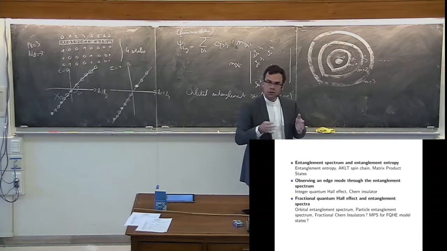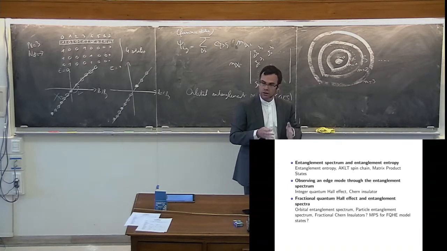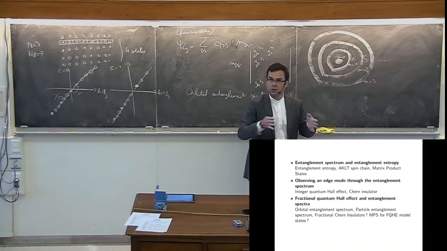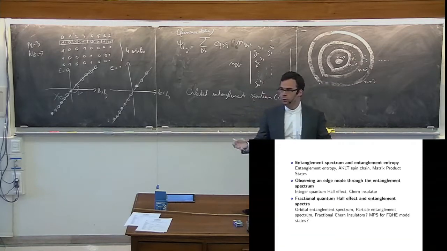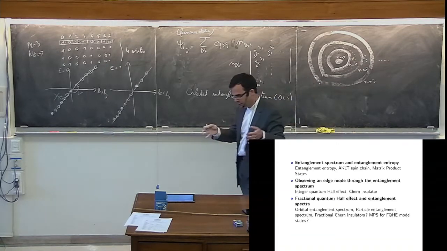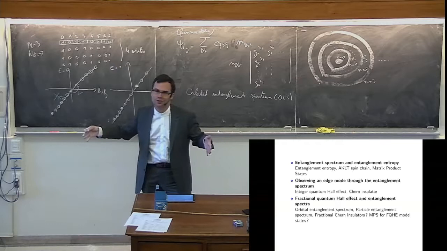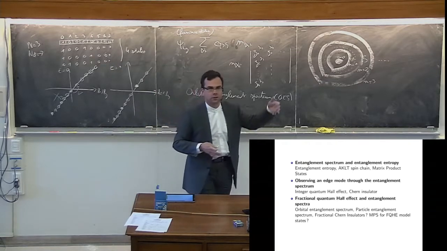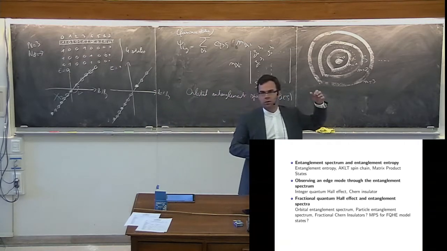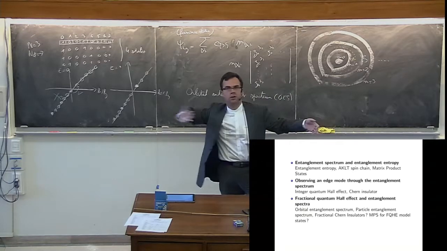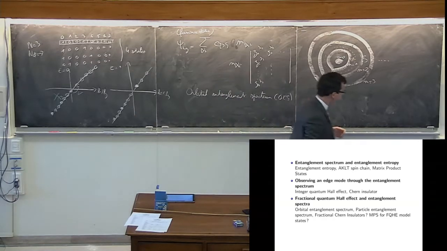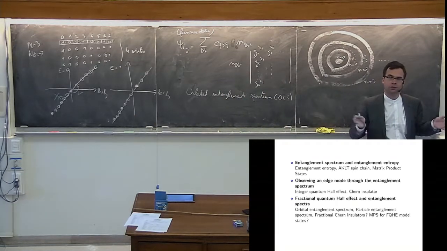So instead of cutting in real space with a sharp cut, let's just keep orbitals. It's exactly what we have done for the spin chain. For the spin chain, it's a cut of the lattice. So you say, oh, the part A is going to be all the spins from 1 to 10, and the part B will be the remaining spins. So you can do that here for the orbitals.